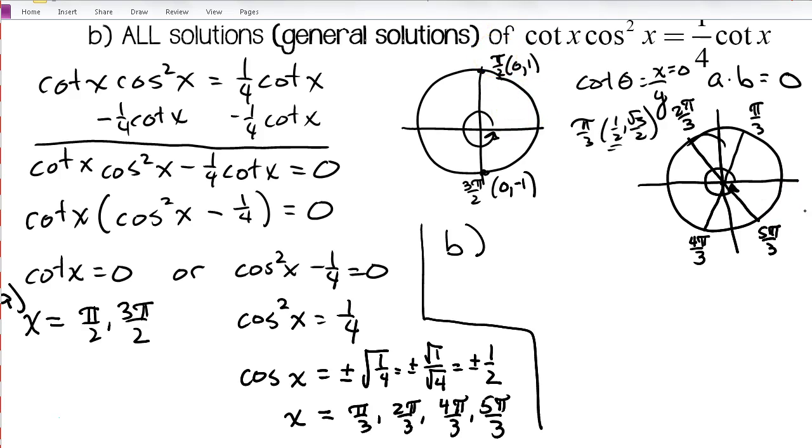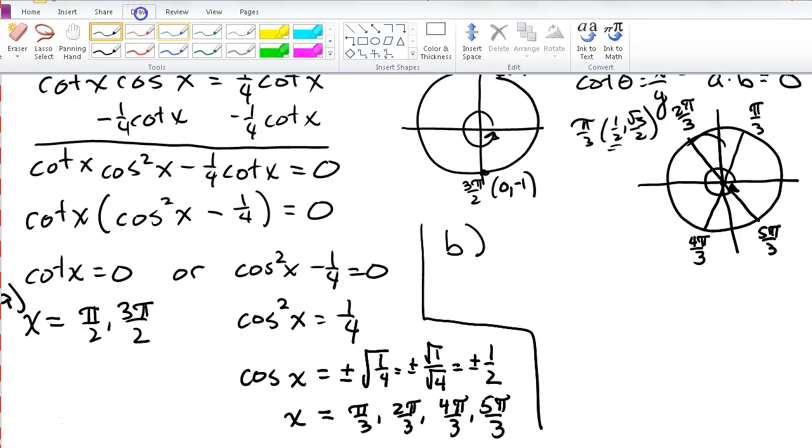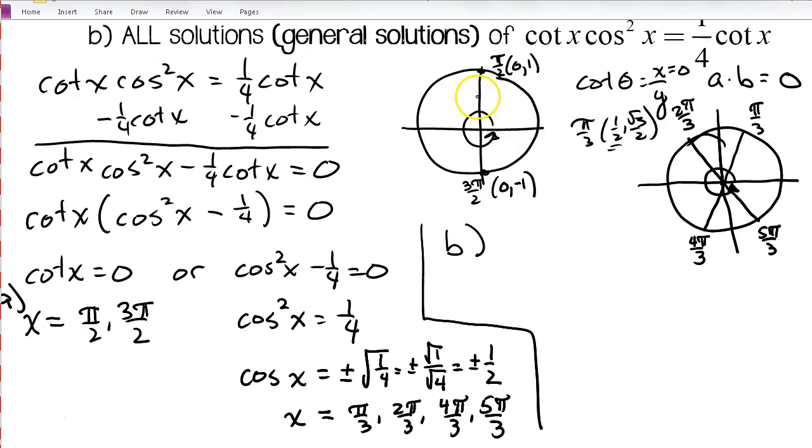Alright, so if you decided to pause the video, you can compare your answers with the ones that I'm going to write here. So for this first one, if you notice, pi over 2 and 3 pi over 2 are equally spaced around the unit circle. They happen to be 180 degrees or pi radians apart. So if I am traveling around the unit circle multiple times, every 180 degrees or every pi radians, I will hit another solution.